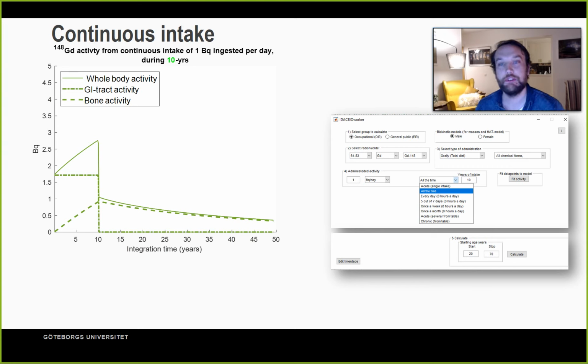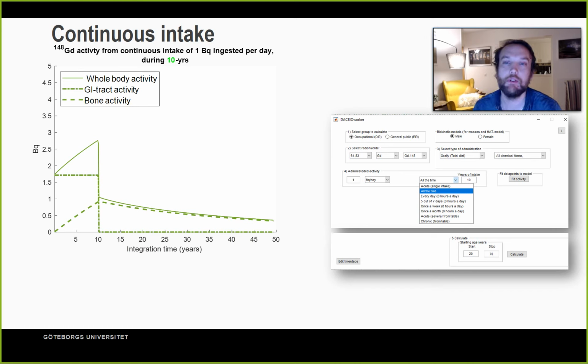Most will be in the GI tract and just be excreted, but some will be taken up in the bone, and due to the long half-life, this will stay there and decay in the bone during the entire integration time. As you see here, you have the GI tract, the bone, and the whole body activity.